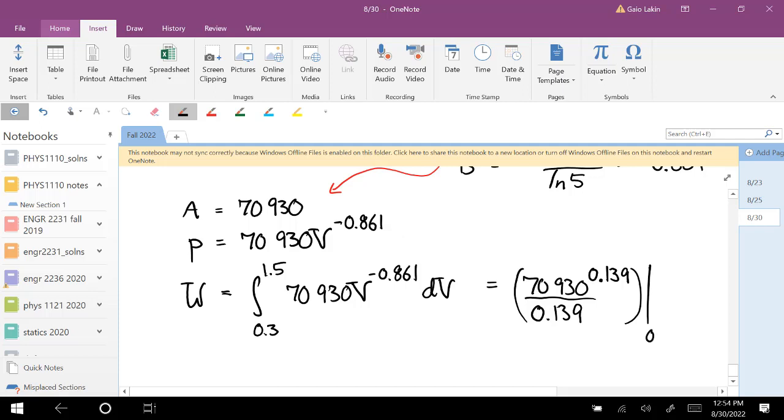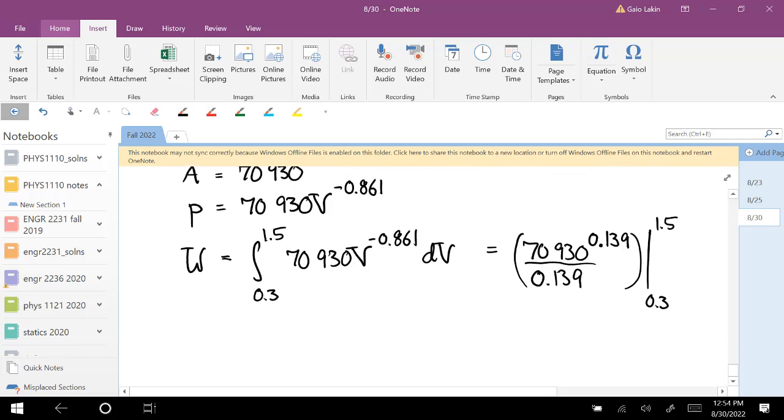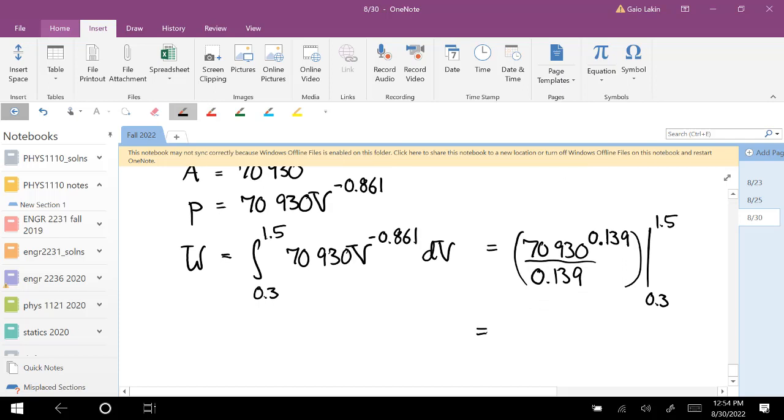And evaluate this from 0.3 to 1.5. And the number that I have written down here is 226,447.